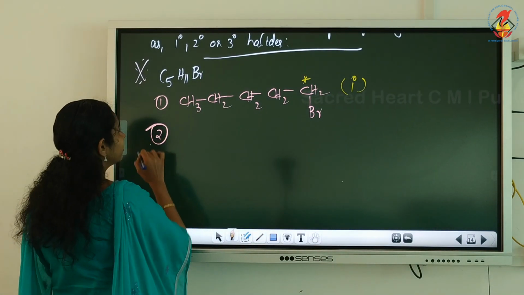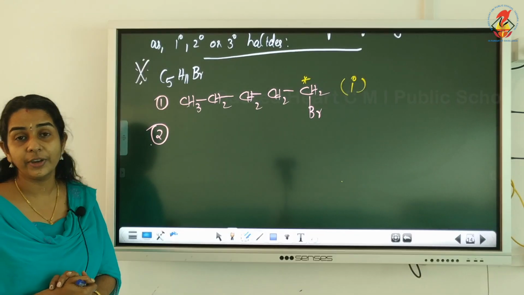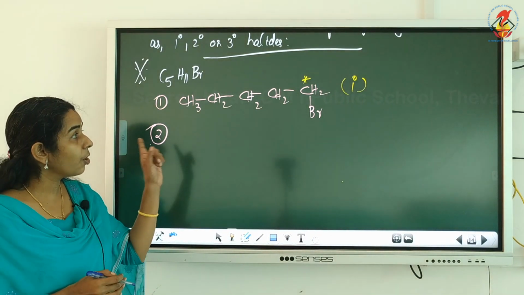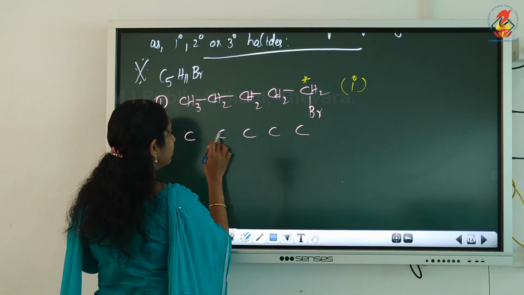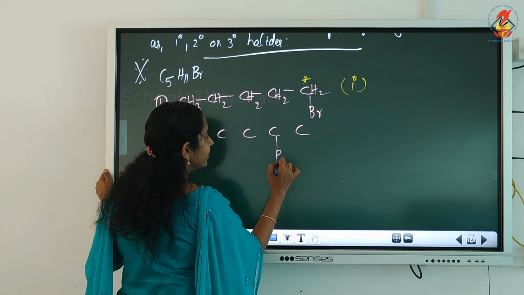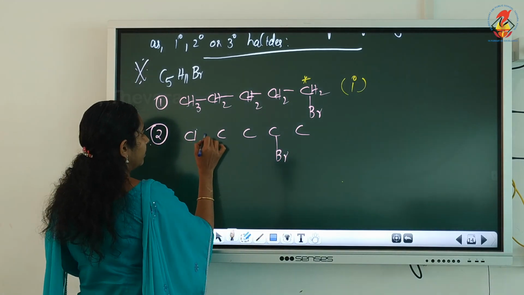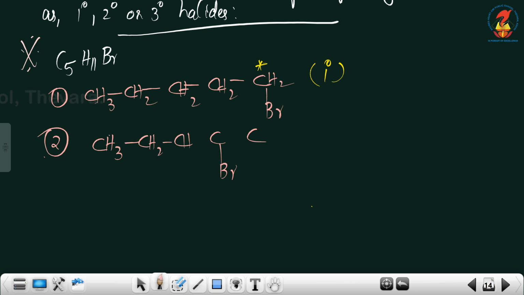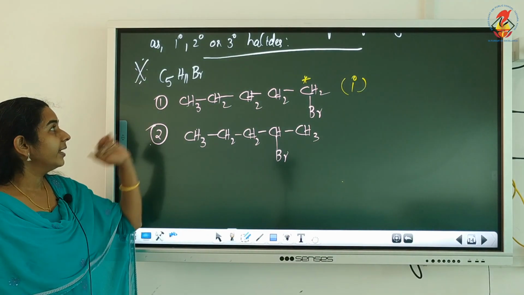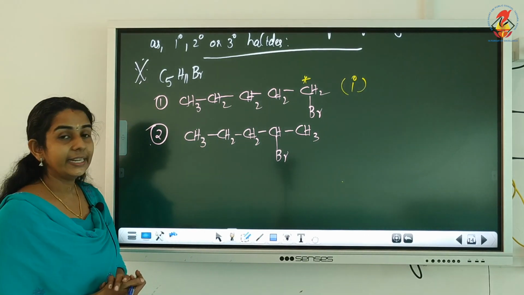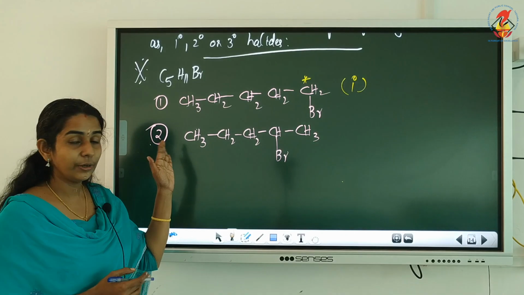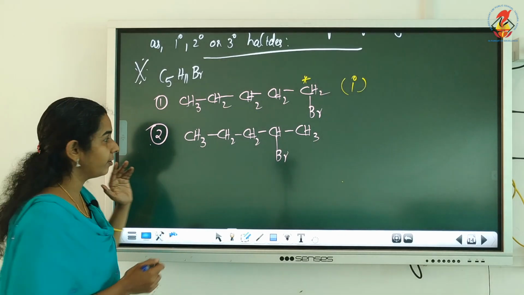Now, the second structural isomer. The first one we have written with all 5 carbon atoms in a straight chain and bromine on the first carbon. Now the same 5 carbons as a straight chain 1, 2, 3, 4, 5 and bromine on the second carbon. CH3, CH2. Again the same molecular formula but different structure. If you write the IUPAC name, you can find that they all are different compounds.